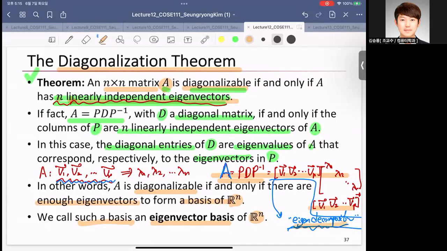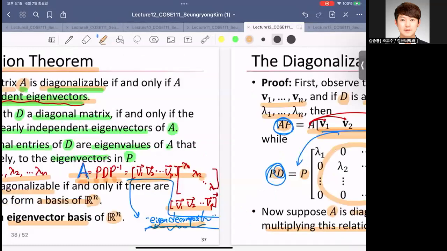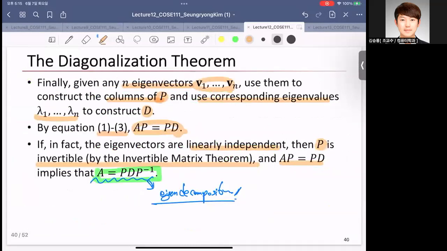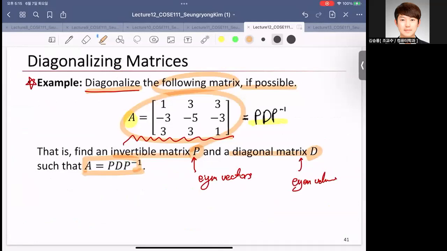So if we have the eigenvectors and eigenvalues of matrix A, it looks like this. Our matrix A can be PDP inverse, with P consisting of the eigenvectors as column vectors, and D consisting of the eigenvalues on the diagonal. Yeah, so it was a proof. We discussed how to diagonalize an arbitrary matrix A as PDP inverse.